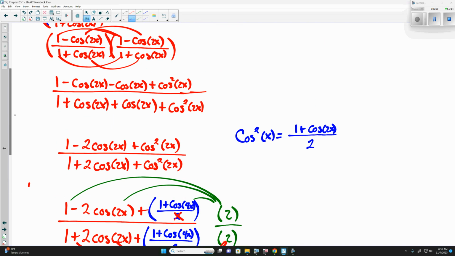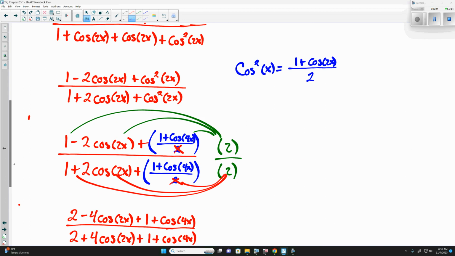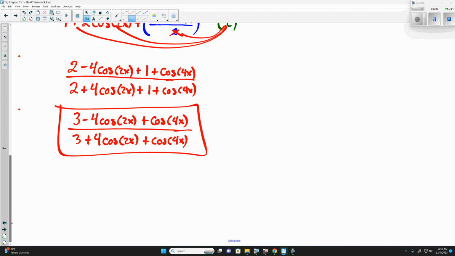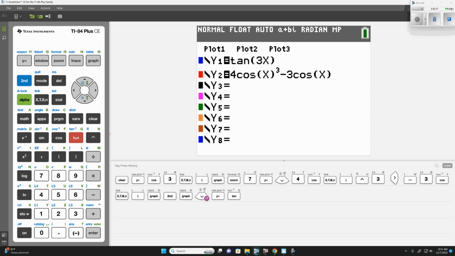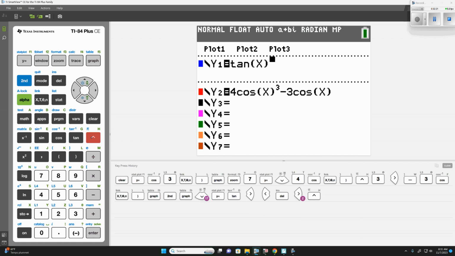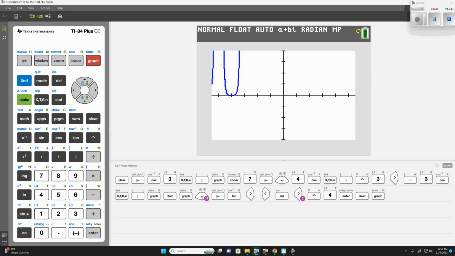And this, for some reason, is supposed to be a better version than tangent to the fourth of x. I'll go back to that in a second. There's our tangent of x to the fourth.